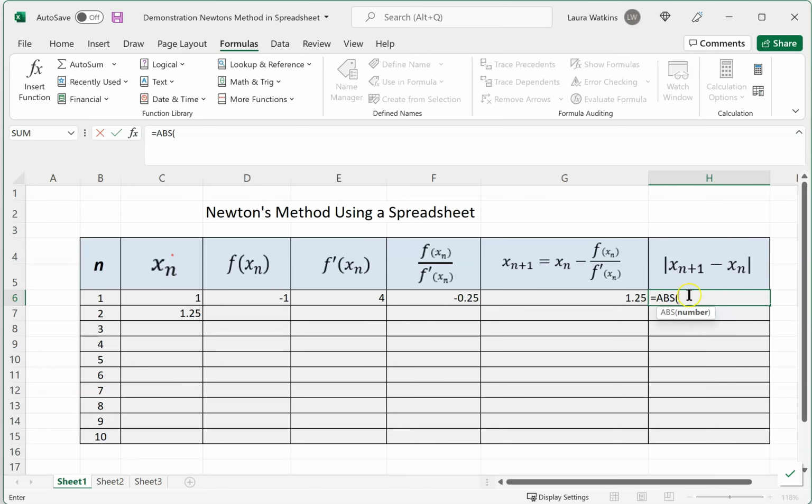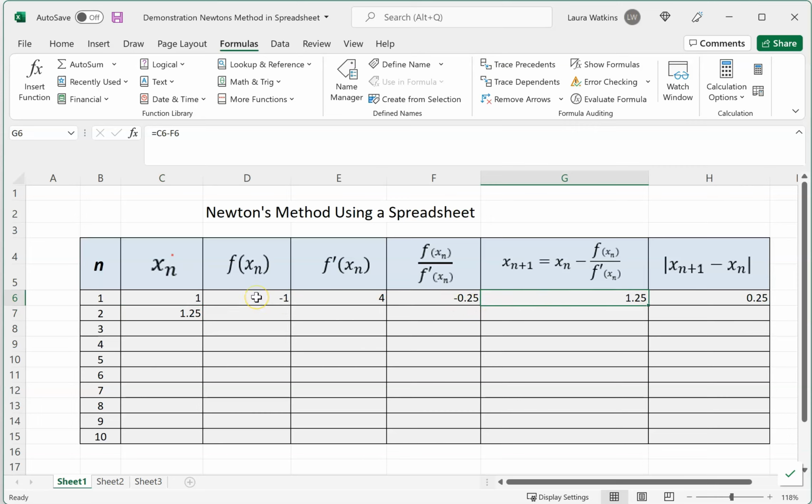And we want the absolute value of the difference, x n plus 1, which is G6, minus x n, which was C6. So we're taking the absolute value of the difference between 1.25 and 1, and we get that our iterates are about 1/4 away. So we're going to start the new row with this 1.25 that we found on the previous row.